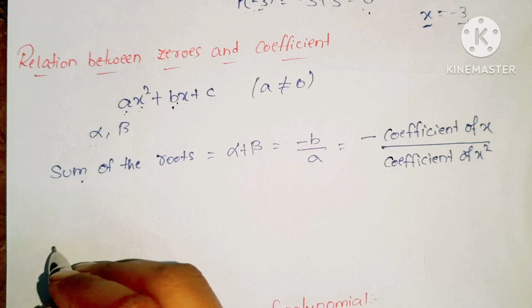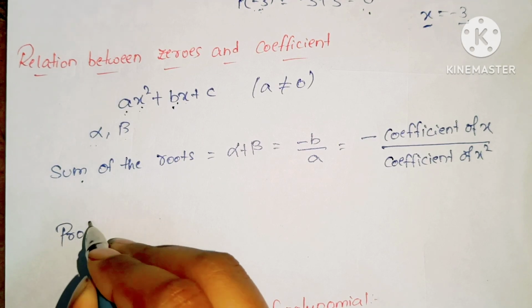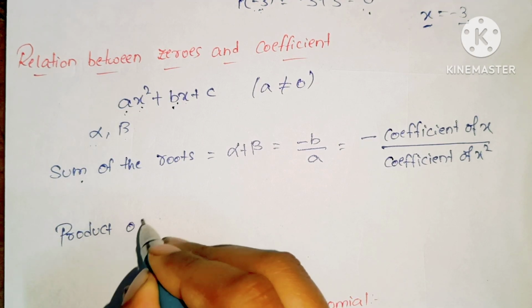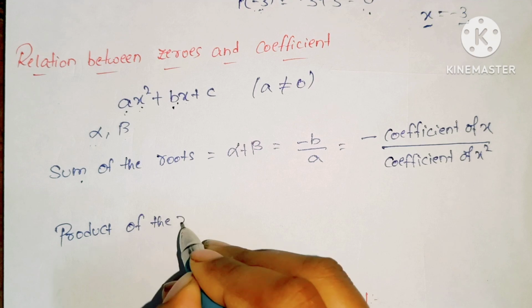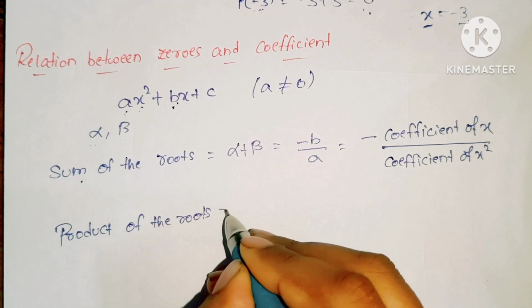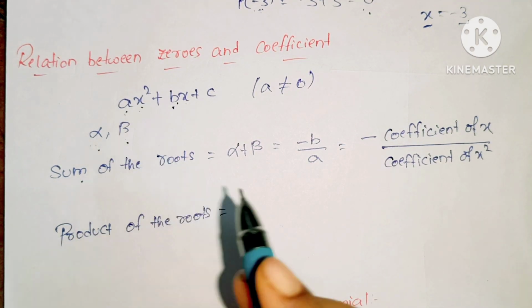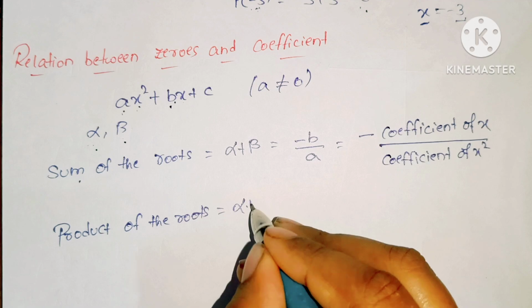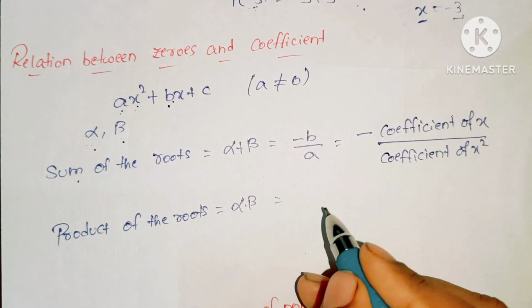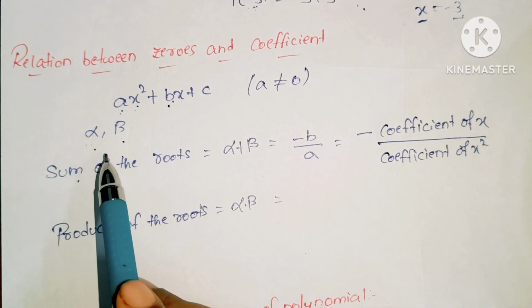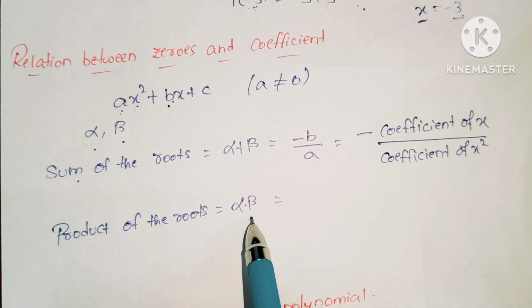Okay, so now product of the roots. So product of roots means here alpha beta are the roots. So product of roots means alpha into beta. If you have roots, you can multiply both.